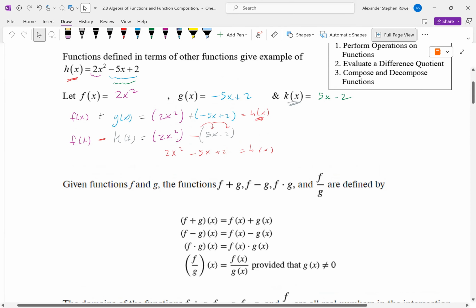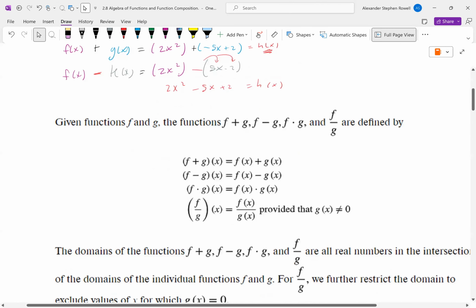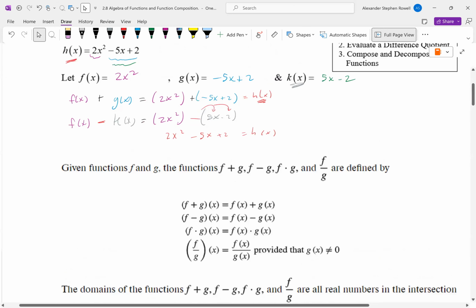There are a few things we need to watch out for when we add functions together or subtract them, when we multiply them, and dividing them is especially worrisome. When you add them, you just add the terms together as we did, or subtract them, you just subtract them. But the domain may change.